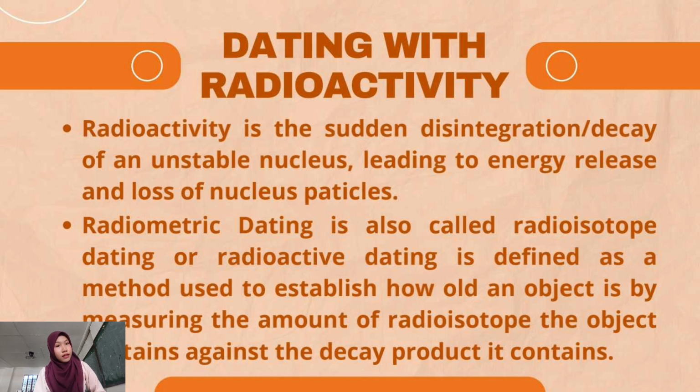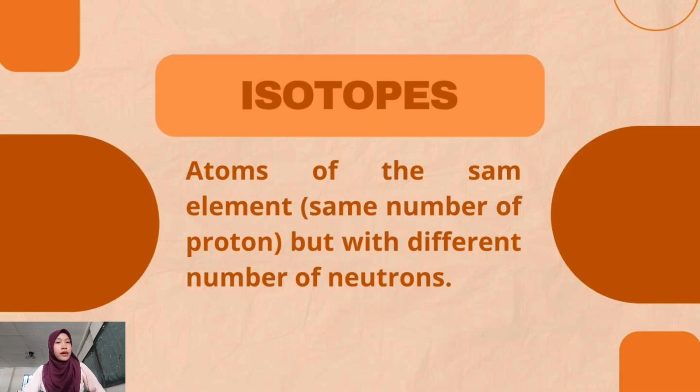This technique is used to determine how old a rock is, and is usually based on comparison between the observed abundance of a naturally occurring radioactive isotope and its decay products, using known decay rates. Before we can really understand radiometric dating, we first must know what an isotope is.